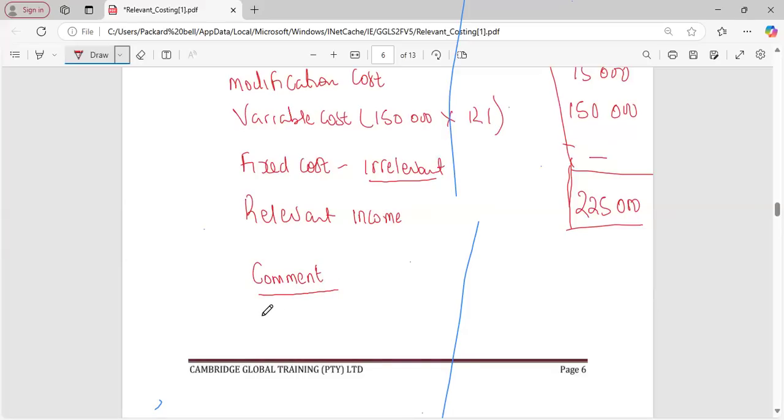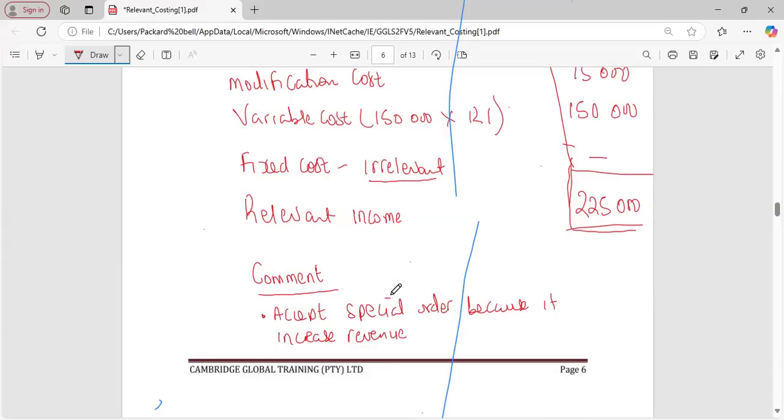So we say accept special order because it increases our revenue. So we're going to accept the special order because it's going to increase our revenue.